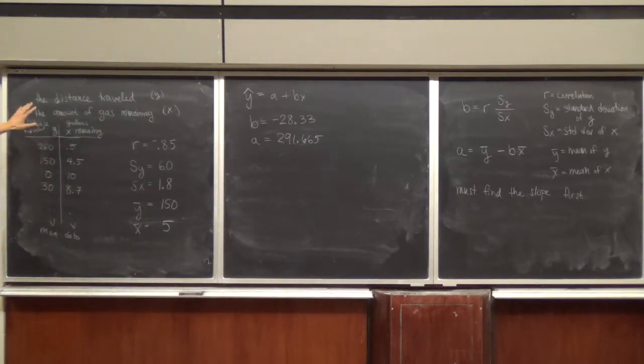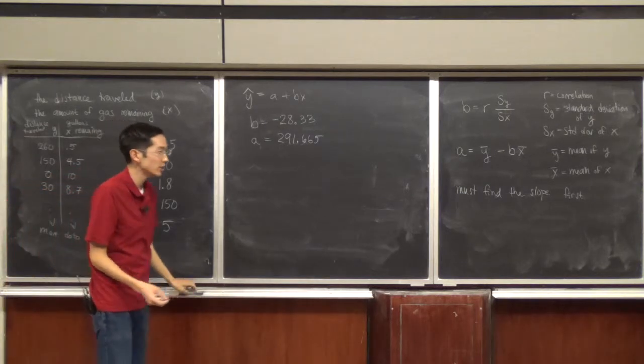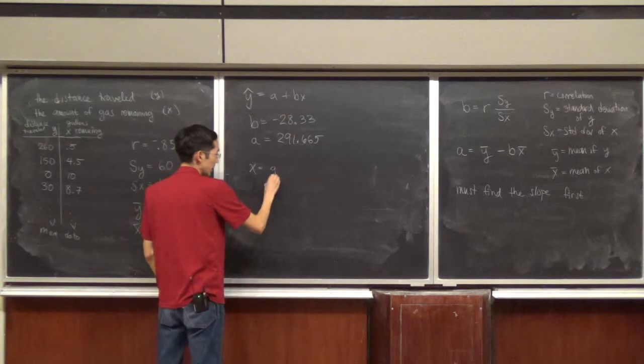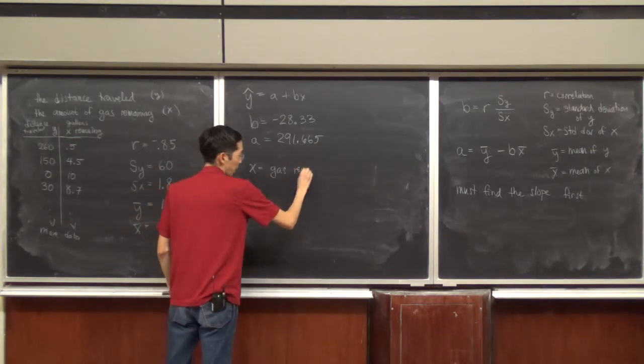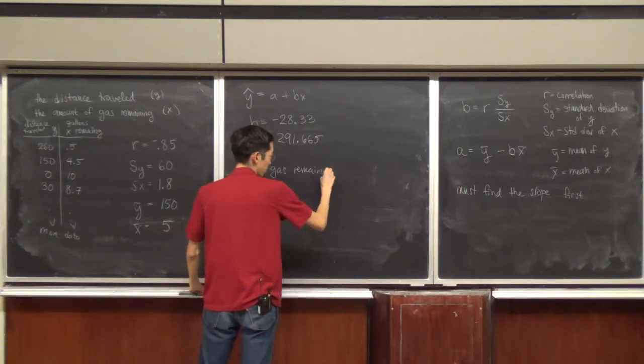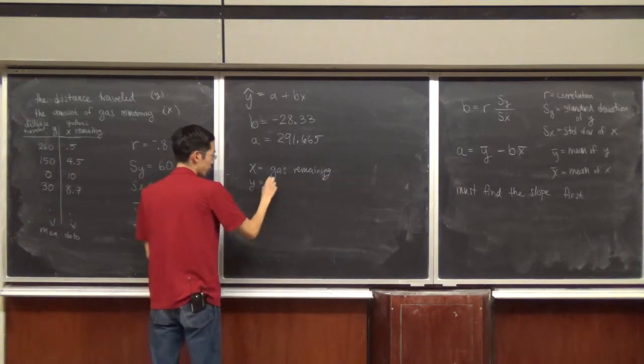Alright, and I apologize here, the distance traveled is y and the amount of gas remaining is x, okay? So our x variable is gas remaining. And y is the distance traveled.